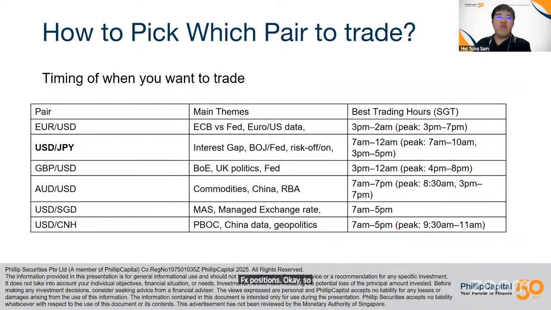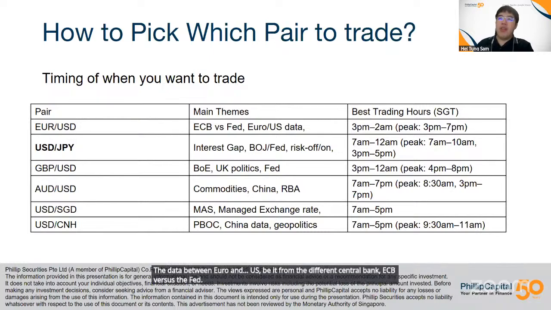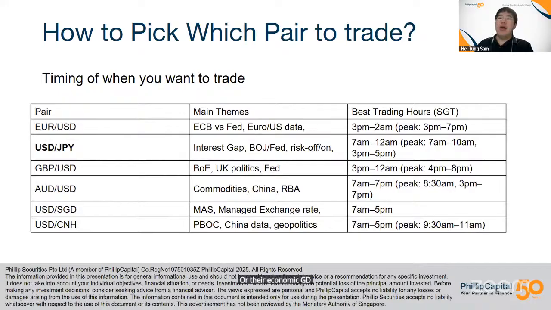Okay, so which pair to trade? These are the popular pairs that we have shortlisted. There's Euro USD. The main theme around this is comparing the data between the Euro and the US, be it the different central banks, ECB versus the Fed, or their economy GDP, and so on.